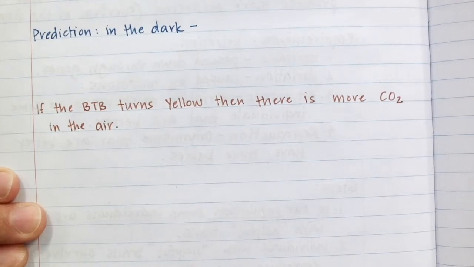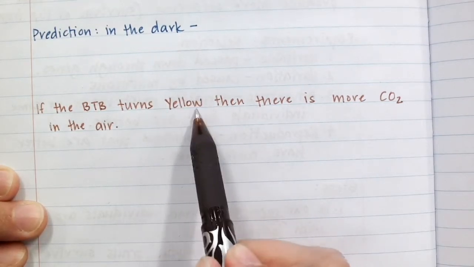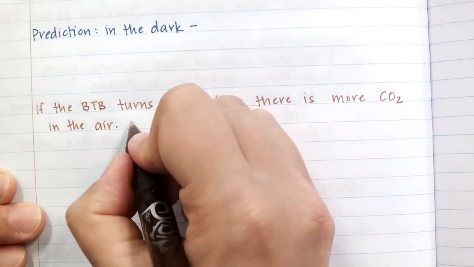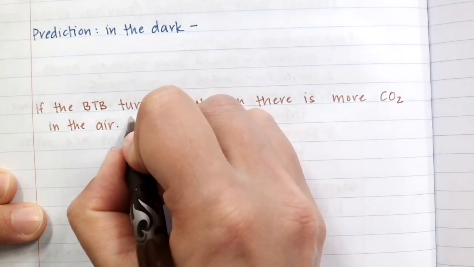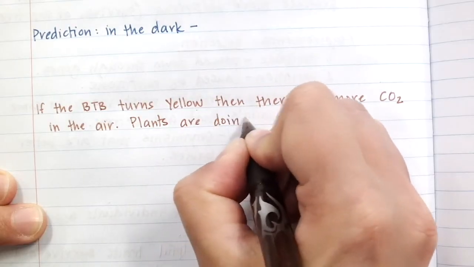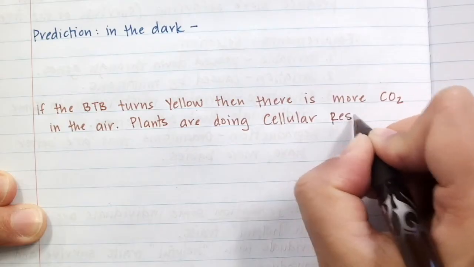And what process do plants do that would make it so that the BTB turns yellow because there's more CO2 in the air? Well, we know that with humans and animals like mealworms, the BTB turns yellow when they do cellular respiration. And it turns out that plants are going to do the same thing. The plants are doing cellular respiration if the BTB turns yellow.